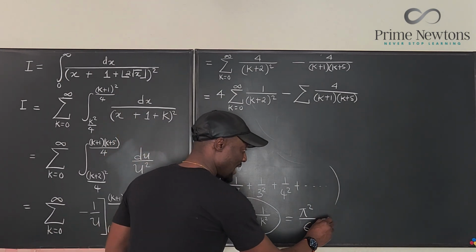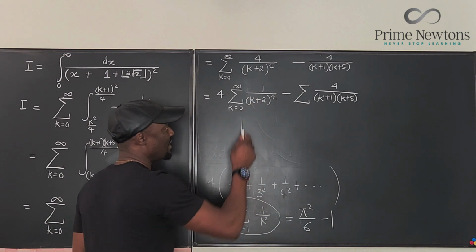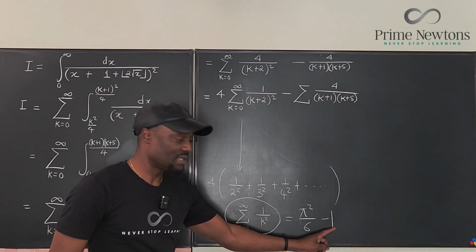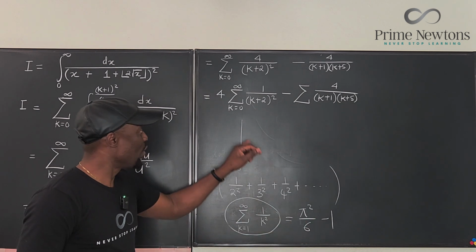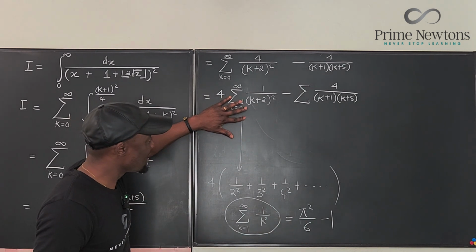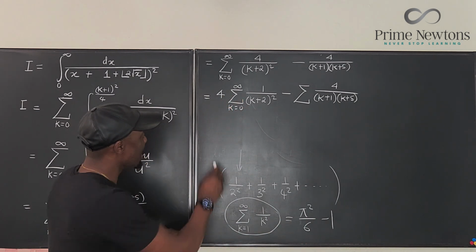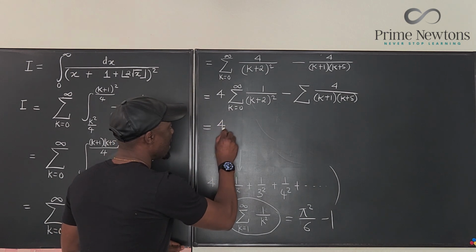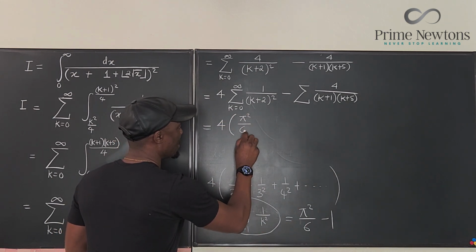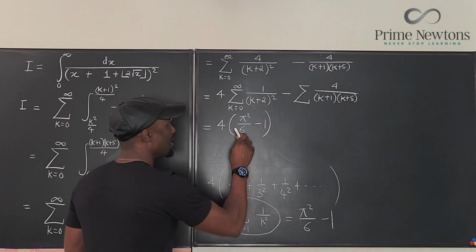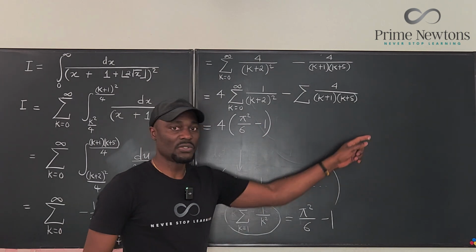So if we subtract 1 from this, we get this, because the only thing missing was 1 over 1 squared. So we can go back here and say that this answer is equal to 4 times (pi squared over 6 minus 1). This side is done.